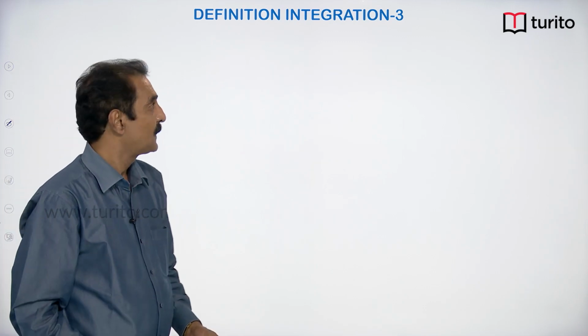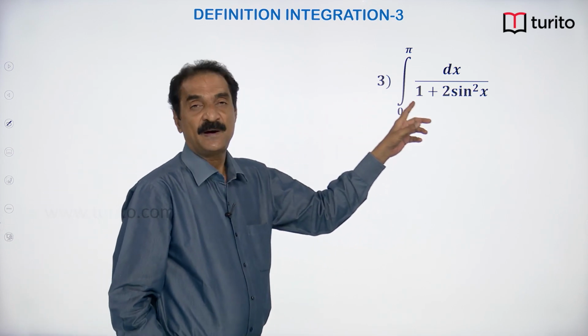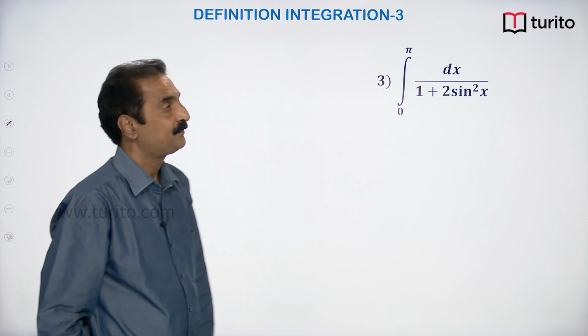Next question: integral 0 to pi dx by 1 plus 2 sine square x.